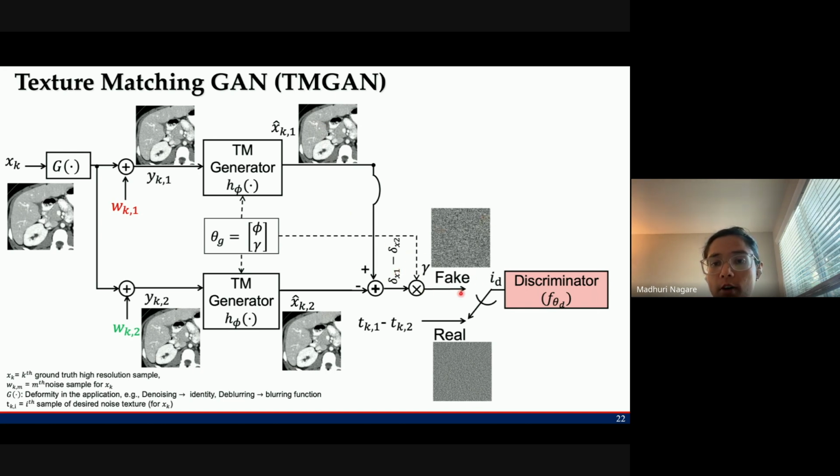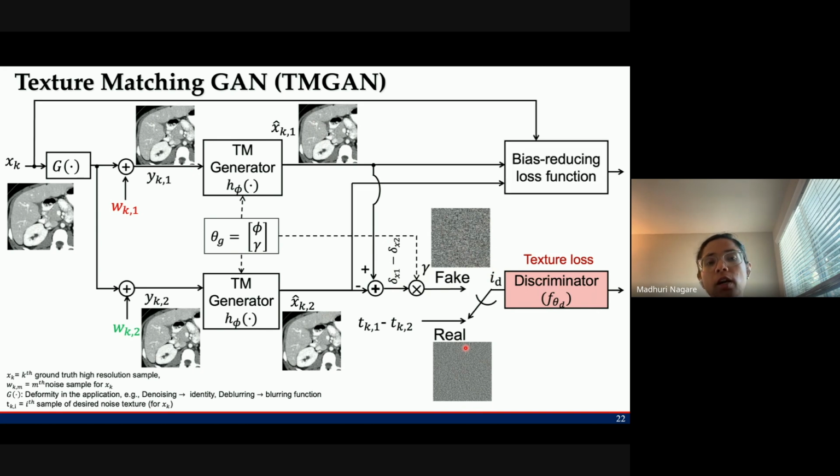So we scale this delta x1 and delta x2 by gamma, and then this is our generator output texture, which is a fake input to the discriminator. And then the discriminator scores this fake texture by comparing it with the real texture and gives scores to the generator, and the generator gets trained accordingly.